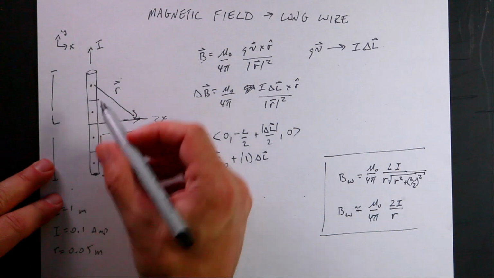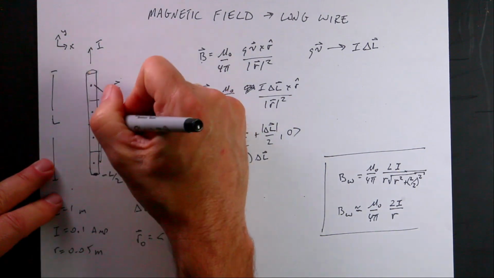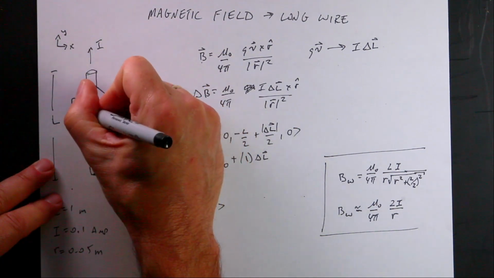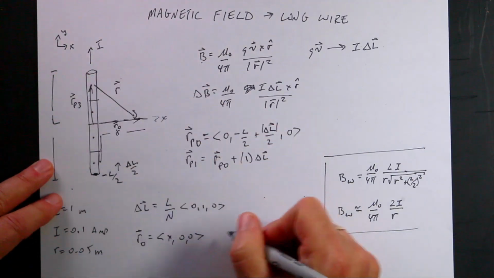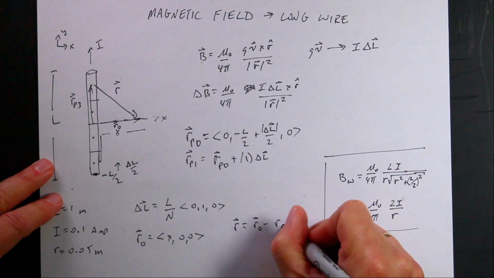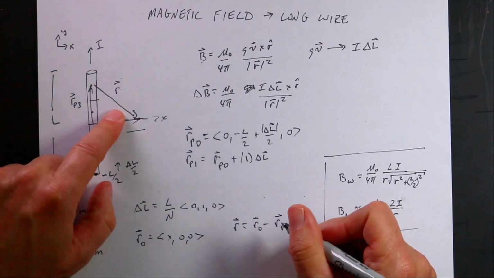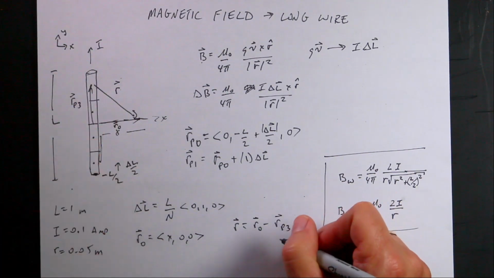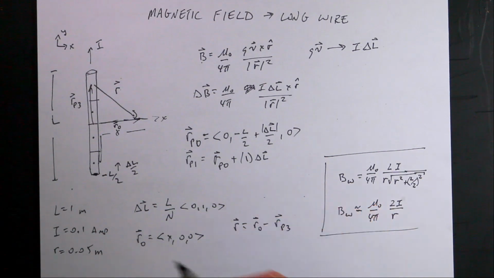Now to find R, if I have some R, let's say this is the piece I want right there, RP3, R is going to be RO minus RP3, right? So that's how I find that R. I can do it for any of these. I can just change RP3. Once I have all those pieces, then I can find my R values. Once I have my R values, I can put it into this and find the total magnetic field and then just add it up for all the pieces.